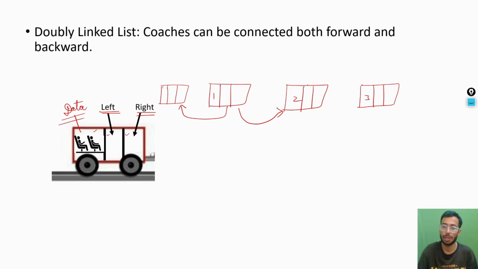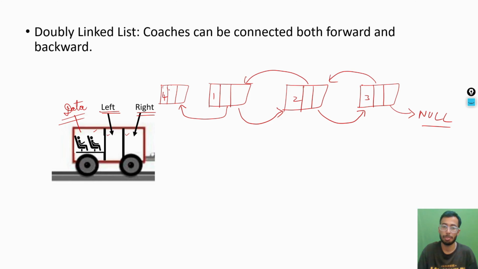Similarly, this node will contain two addresses, one for the left pointer and another for the right pointer. Since this is the rightmost node, it will not have the right pointer, or if it has, it will point to nothing, right? A similar case is here. This particular node has some data, let's say the data 4.